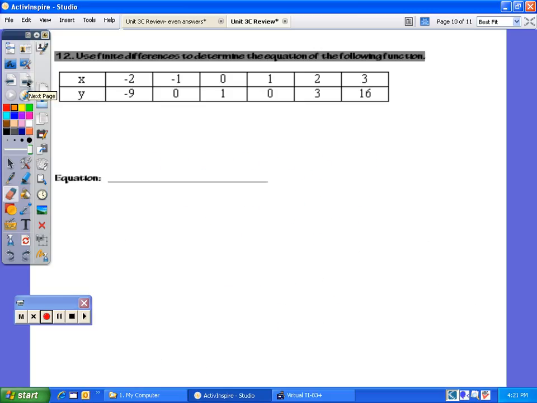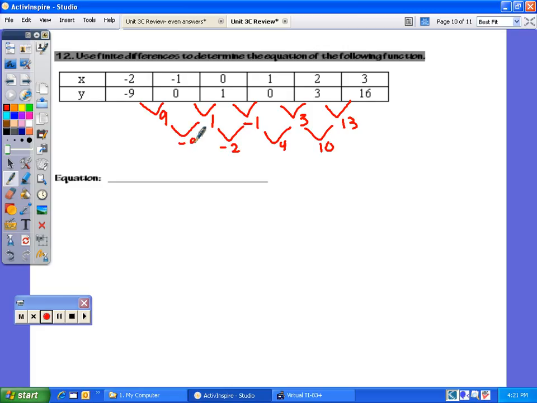Alright, two more. We're almost done. Alright, here I'm going to do my finite differences again. Alright, notice how we counted. 1, 2, 3. 3 is called a cubic. So cubics have a degree of 3.